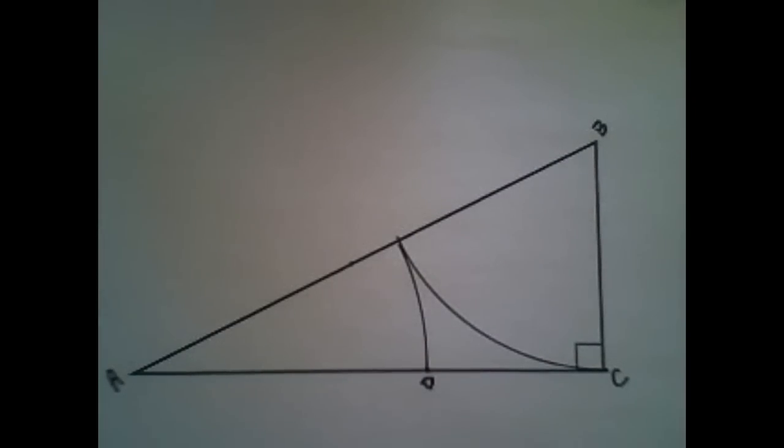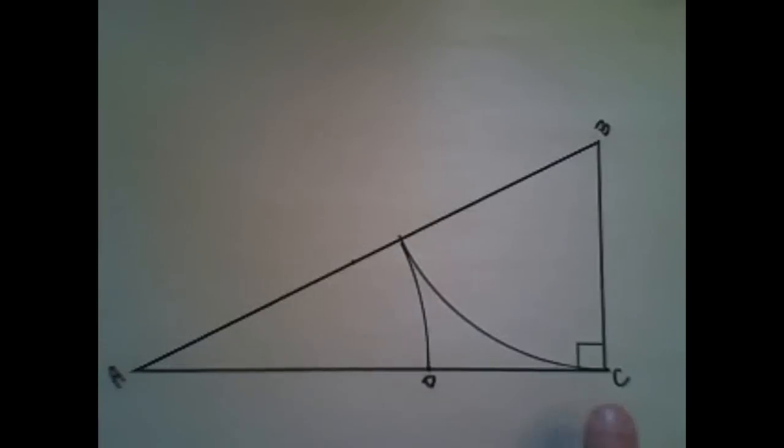But the golden ratio exists down here on this line segment. If you look at point D, it is dividing segment AC into the golden ratio. So if we make a ratio of the length of AC to the length of AD, that would be equal to the ratio of the length of AD to the length of DC.